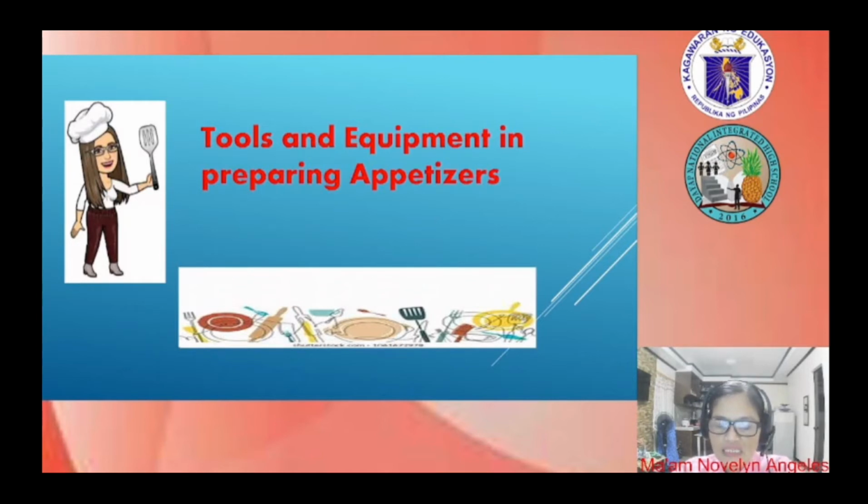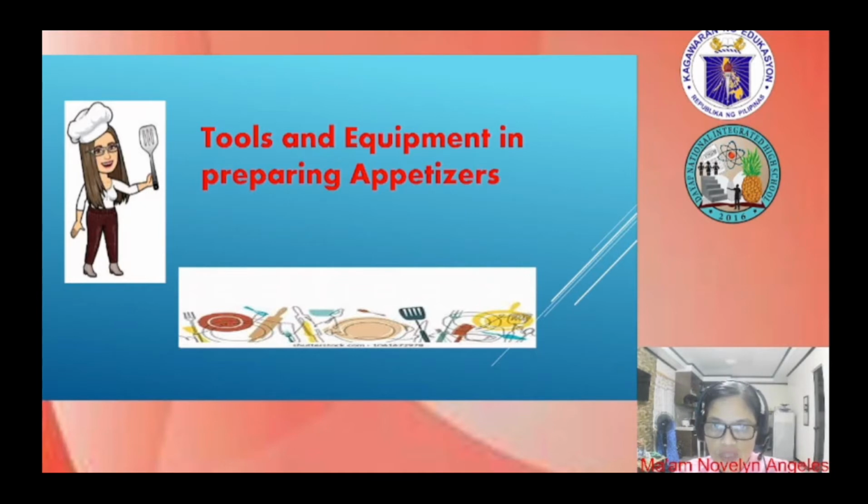Okay, class. Familiarization with the different tools and equipment used in the kitchen is one of the integral parts of cooking. Knowing its uses and the right tools and equipment to be used for specific tasks is as important as our health.